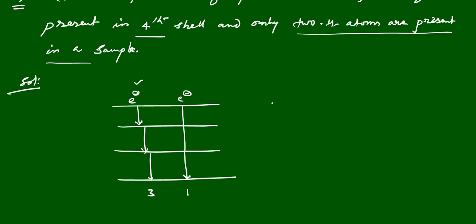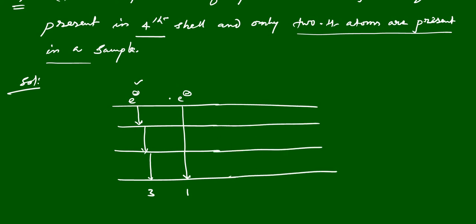And you may have the doubt, right? For example, this is the second electron. Second electron may also de-excite like this: it may come from 4 to 3, then after 3 to 1. This is also possible, right? But here this radiation and this radiation are both identical.